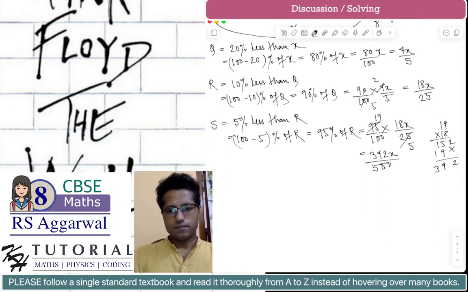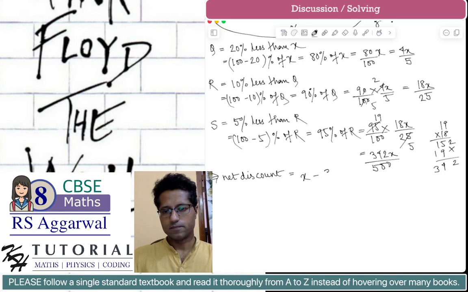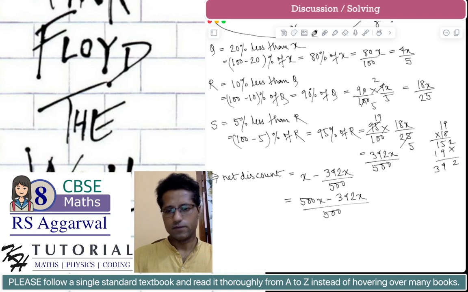Now we have to see what is the net discount. Net discount will be equal to the mark price minus the final reduced price, that is 342x by 500. This is equal to 500x minus 342x divided by 500.